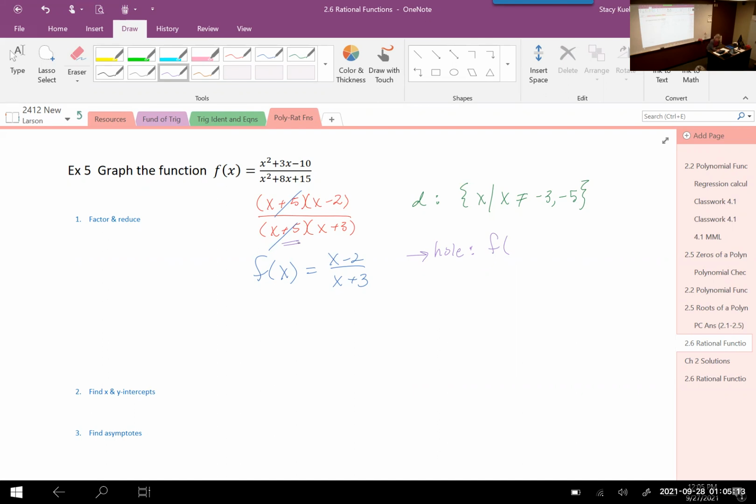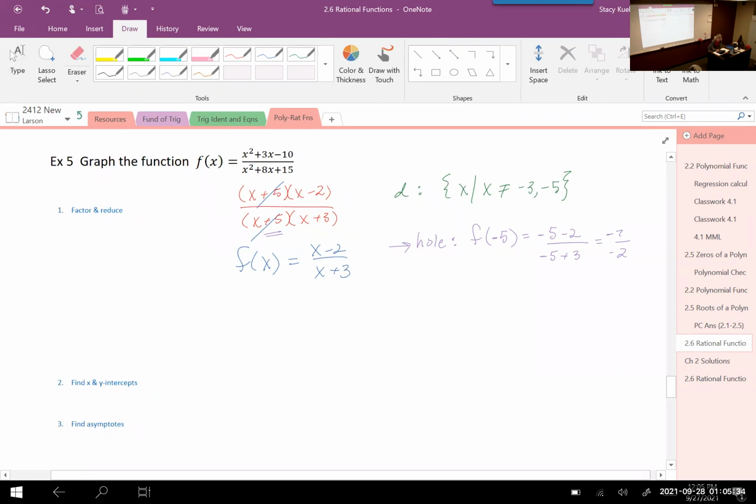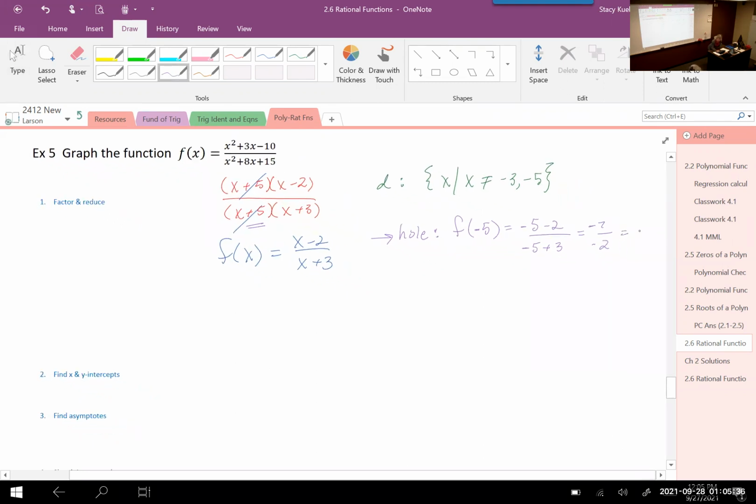So I'm going to evaluate the function at -5, and I can just do it using the simplified version here. So I would say -5 minus 2 over -5 plus 3, which would be -7 over -2, or positive, we'll call it 3.5 because that's easier to graph. 7/2 would be 3.5.